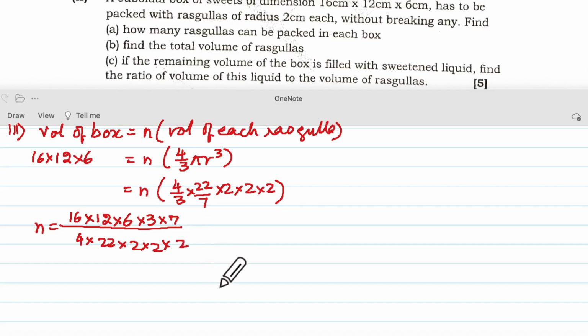I am wondering why we are not getting the whole numbers. Because they say without breaking any, so you'll have to round it down. Normally they should give you a multiple of 22 here, no? 11. So 4 ones and 4 threes.